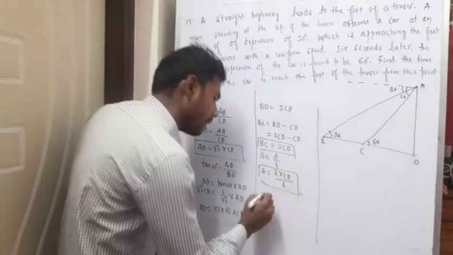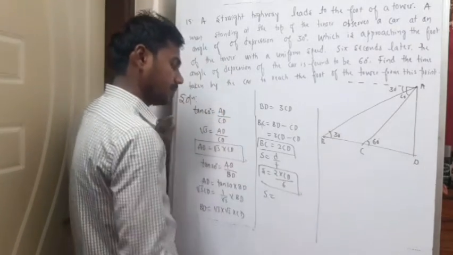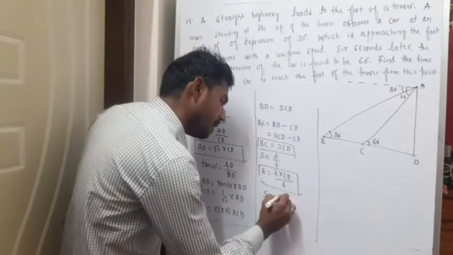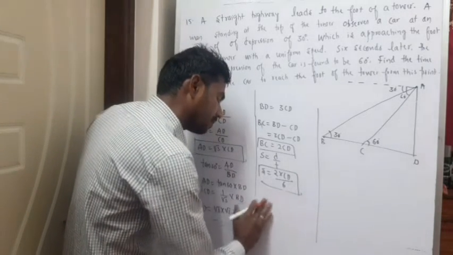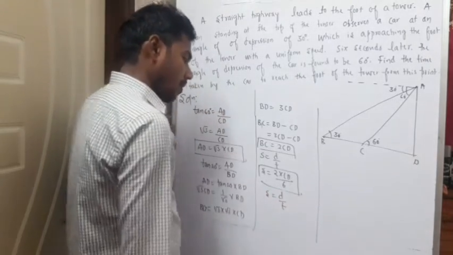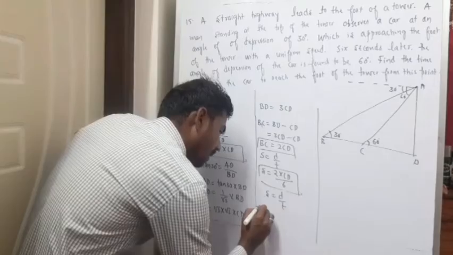Okay, again speed is equal to distance by time. What is the distance traveled? CD. We need to calculate T, so T we keep as it is.